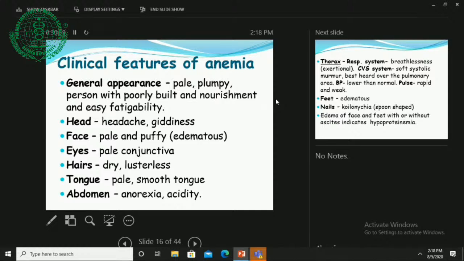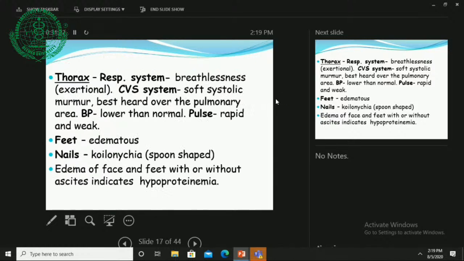Then he may have a complaint of headache and giddiness. The face looks pale and puffy. In the eyes, the conjunctiva looks pale, hair looks dry and lustreless, the tongue is pale and smooth, and the abdomen may have anorexia and acidity.